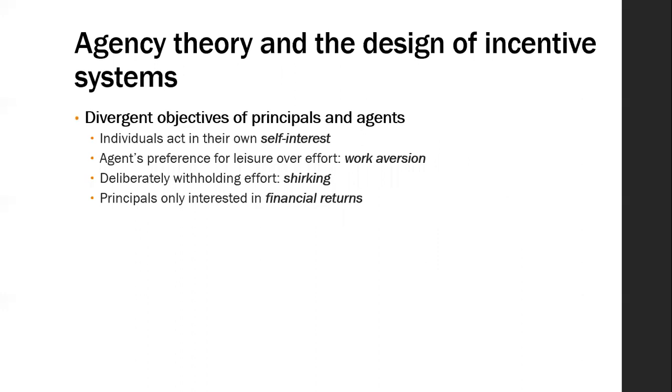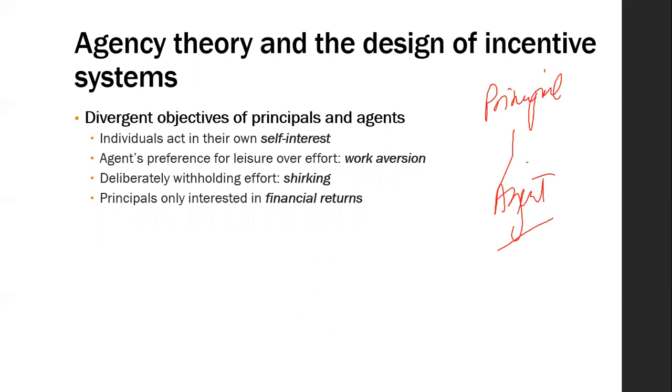So with respect to agency theory and the design of incentives, the problem is, okay, principals and agents have different objectives. Okay. So principal, agent, they have divergent objectives.